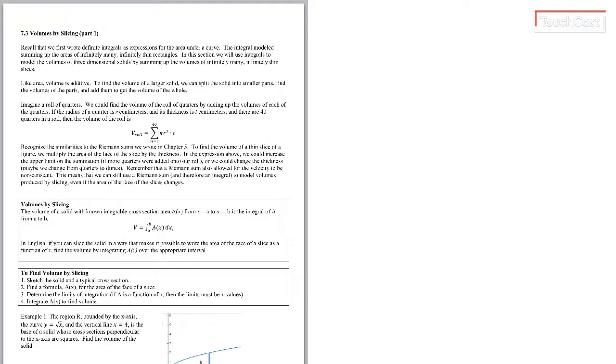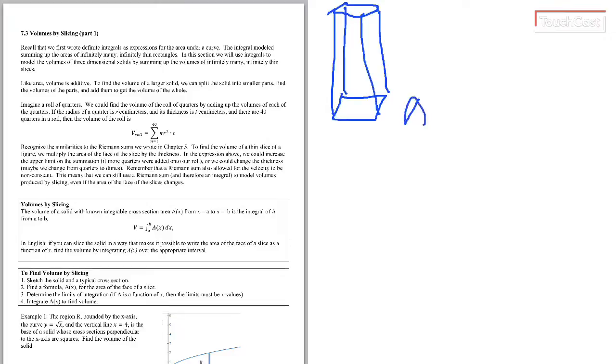I'll quickly remind you that when you were in geometry, you learned that you could find the volume of a prism. A prism has a base and then has the same shape all the way up. So that is an approximation of a rectangular prism. You could find the volume of that prism by finding the area of, for example, the bottom or the top, so the area of one of the bases, and multiplying it by the height.